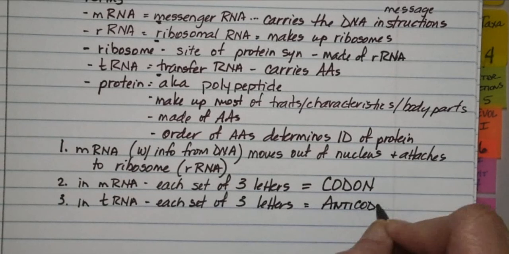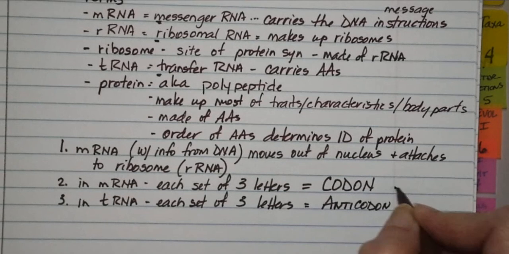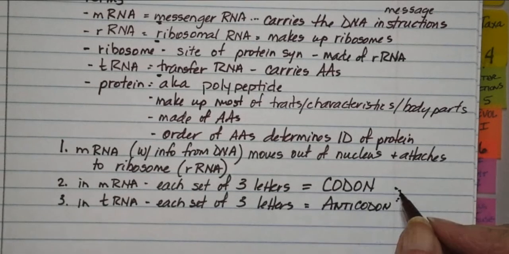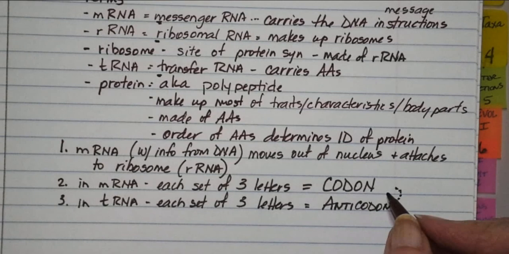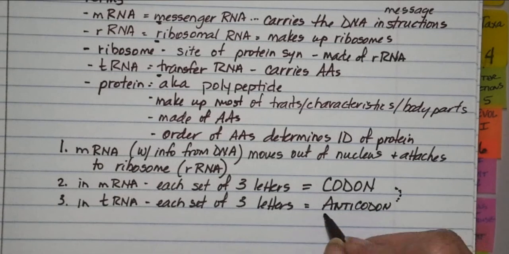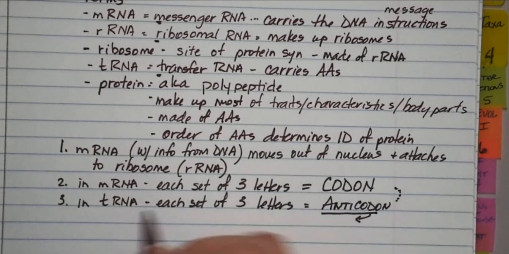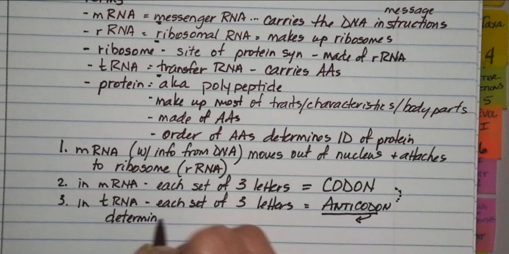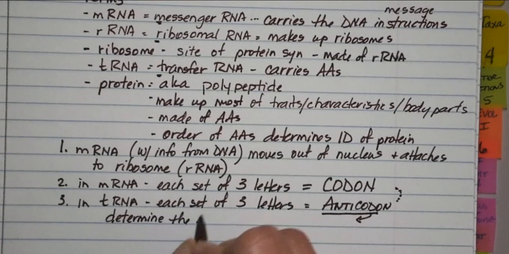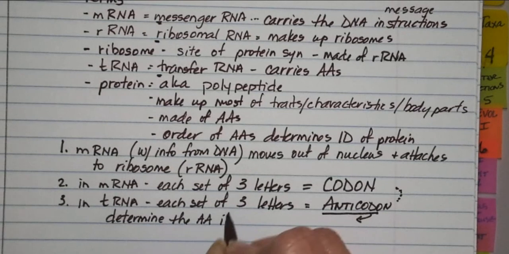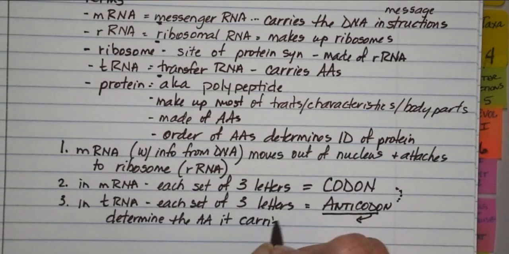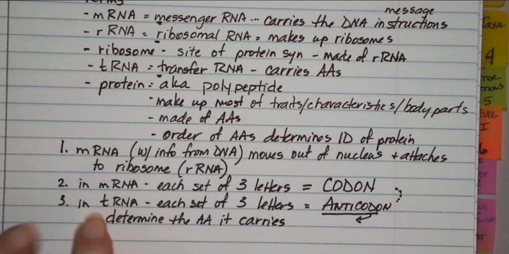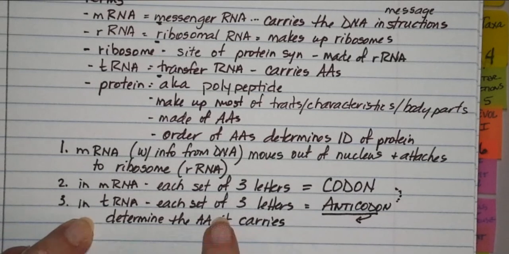And this anticodon right here determines which amino acid that tRNA carries. So each 3 letters in the tRNA is called an anticodon, and that anticodon determines the amino acid that the tRNA carries.